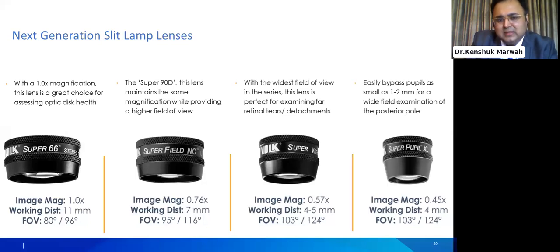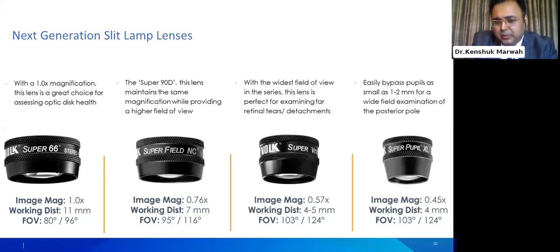As the name suggests, it gives a much higher field, and it is almost like a Super 90D. The other lenses are the small pupil lens, and I have just recently used a small pupil lens. We can actually see through a 1 mm pupil size also, the working distance in this case is 4 mm, and the field of view is almost 103 degrees.